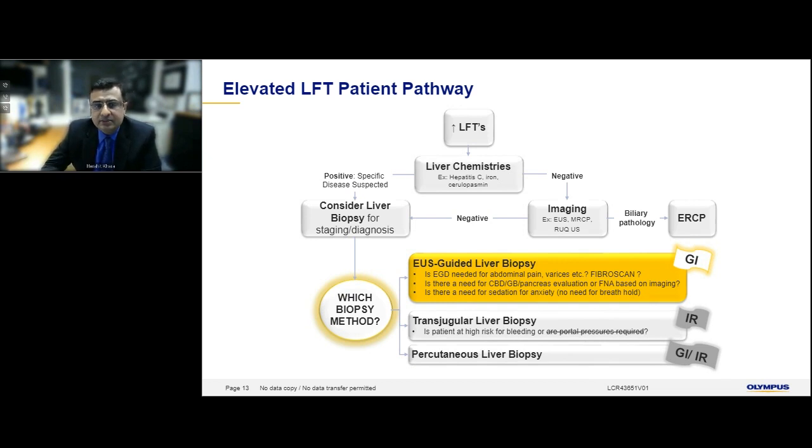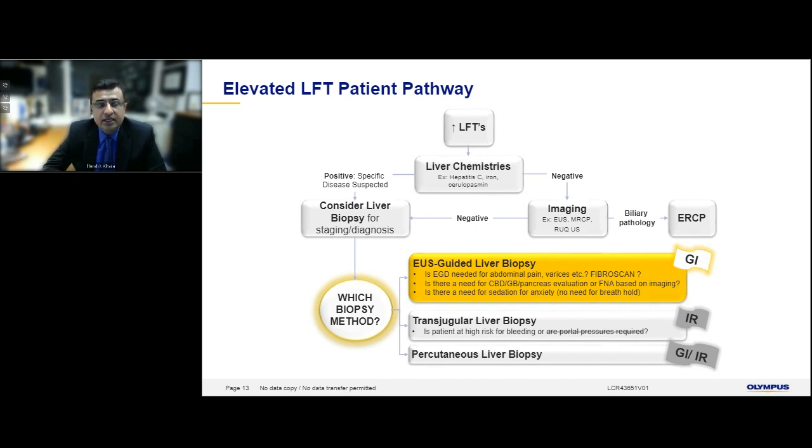And therein comes the question, where do you send the patient? Do you do an EUS-guided liver biopsy? Do you do a transjugular liver biopsy? Or are you able to do a percutaneous liver biopsy? And the why of the EUS-LB is if you need an endoscopy for abdominal pain or for variceal screening, those patients are already coming for endoscopy.